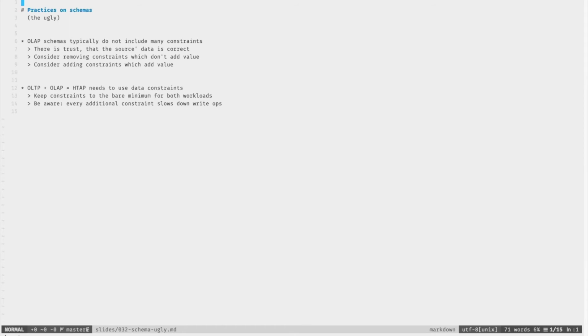Just another question, will PostgreSQL use foreign keys for query rewrite and cardinality estimates? Yes, it does. And even if you have a look into the TPC-H schema, there are certain foreign keys defined. And on this one, by the way, it even helps if you put indexes on top.